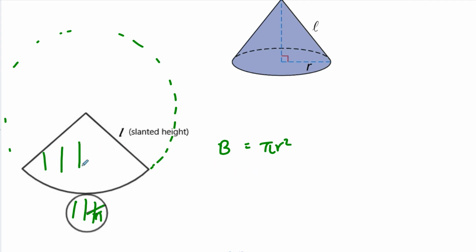Now we need to think about the lateral surface. The lateral surface is part of a bigger circle. So we need to see how much of the bigger circle it is taking.